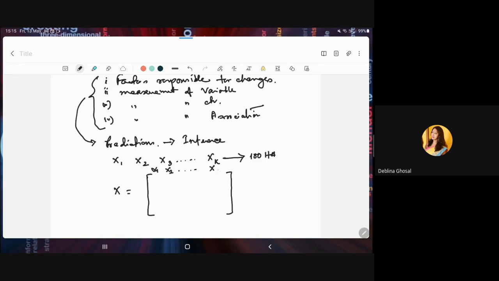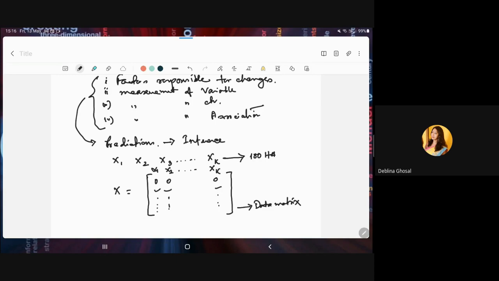Suppose this is the xk variable. K is a number. If you collect 15 variables, k is 15. If you collect 10 variables, k is 10. Specific values are there, so all values are there, and you get a data matrix. This is called the data matrix.